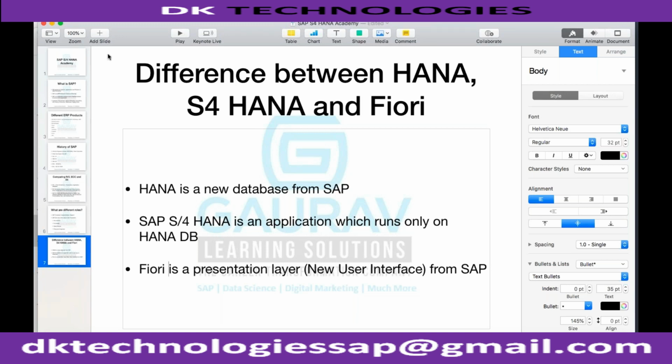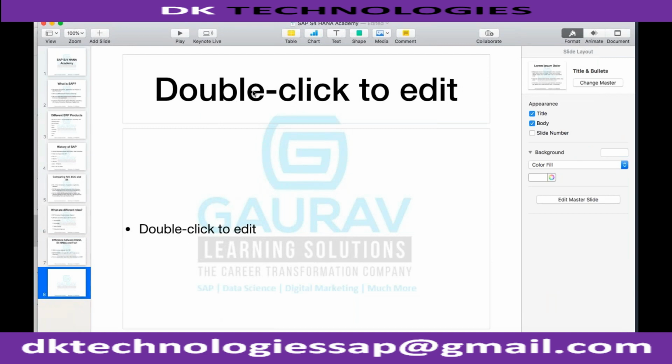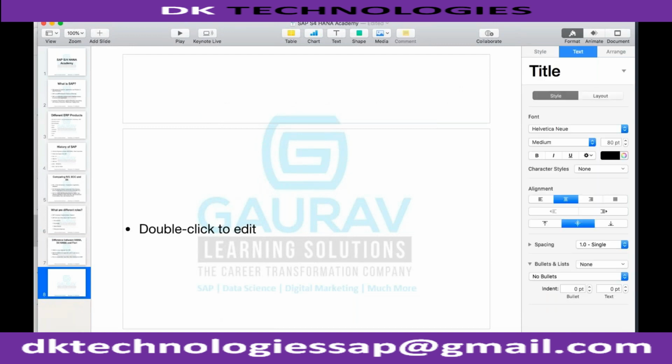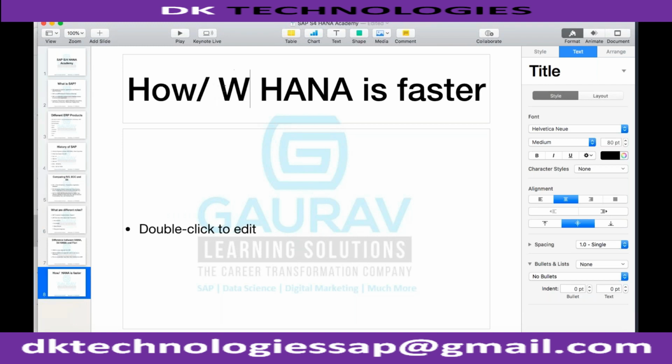So now from day one, we are talking about the HANA database. We are talking about HANA being faster compared to the other ERP or other databases which were available previously. So the question is how, or why, is HANA faster?